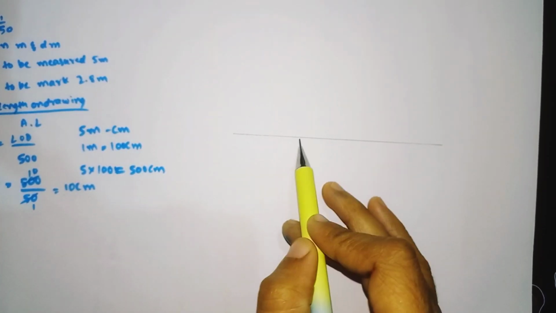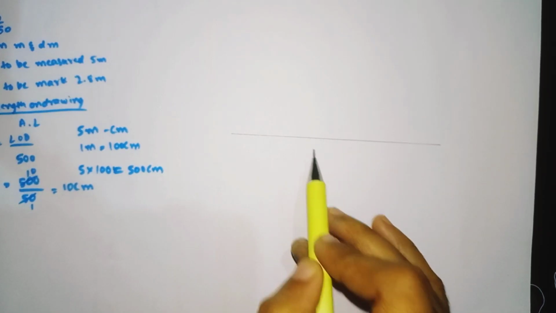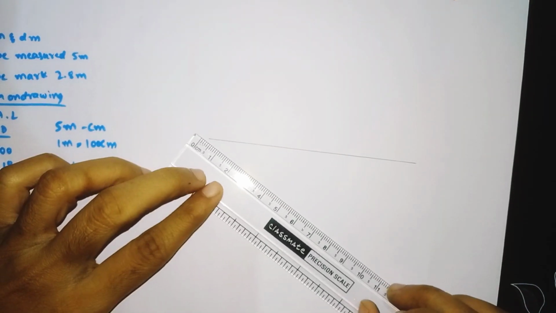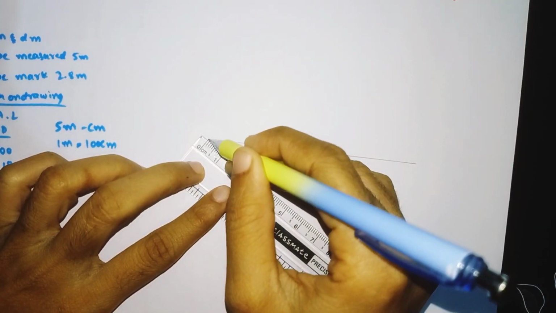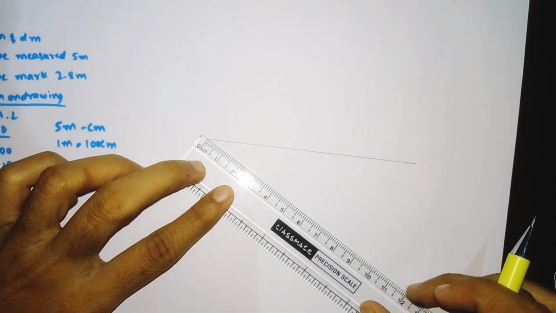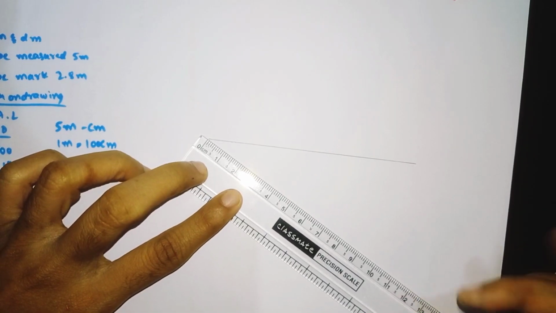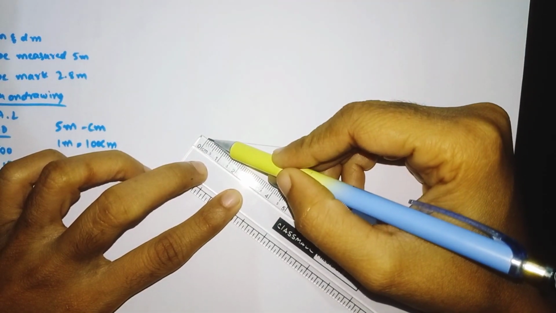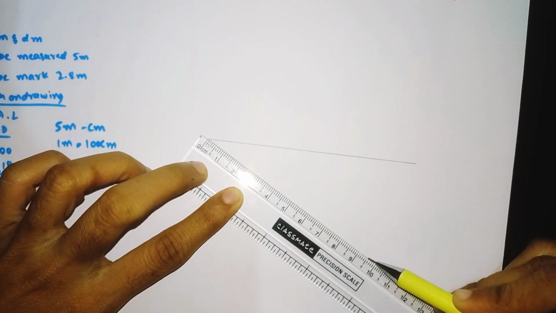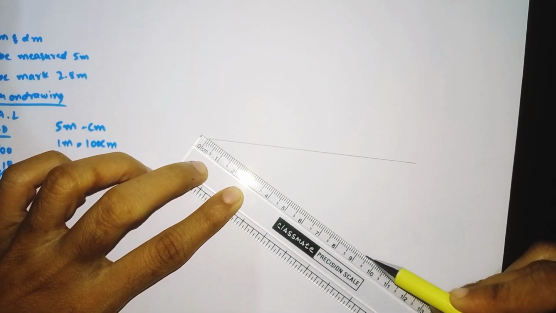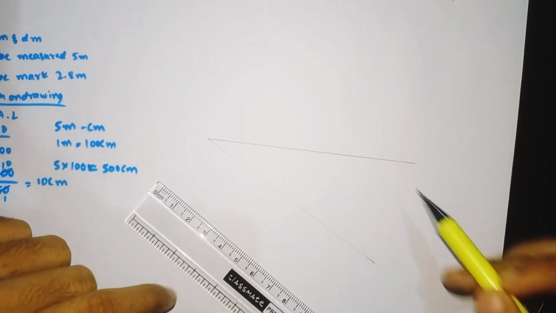We can't make directly 5 equal parts on this. For that I have to draw the inclination from this point. So I will draw a thin line of 10 centimeter from this point. It should be very thin compared to this one.